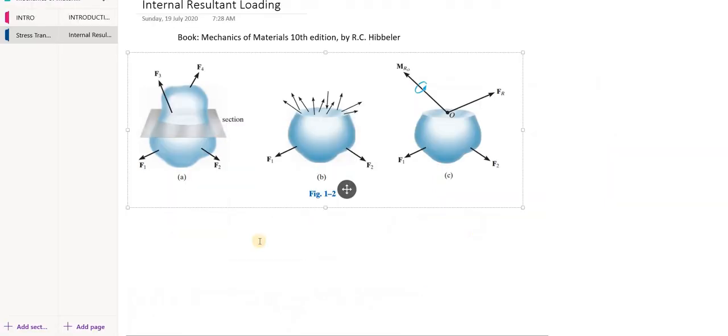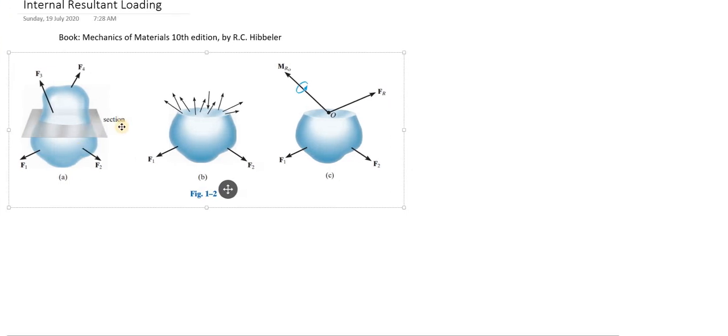So let me show you the same in the OneNote. In this figure, you can see that we have considered a body subjected to, say, these F1, F2, F3 and F4 external forces. And now in order to determine the internal loadings developed in this body, we need to consider a cut section over here.